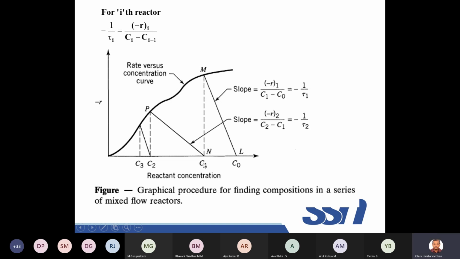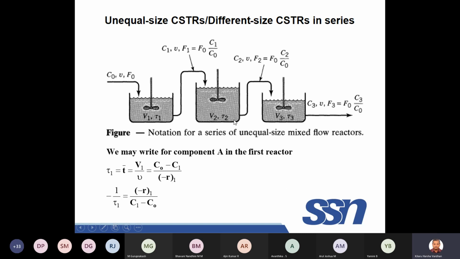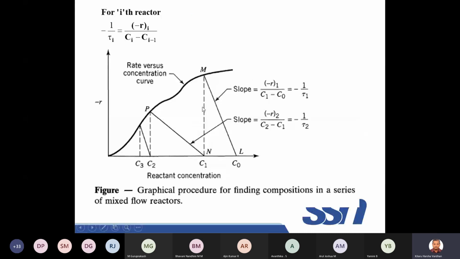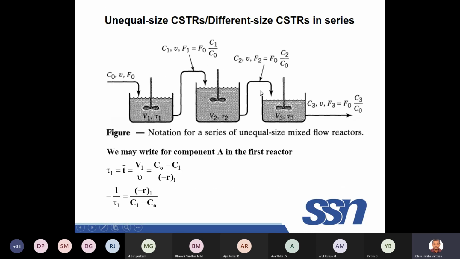This C1, which is the outlet concentration from the first reactor, you can calculate by using this. Now having the second, you need to calculate the C2 concentration here. How to calculate that? The inlet of 2 is C1. Initially the inlet of 1 is C0.